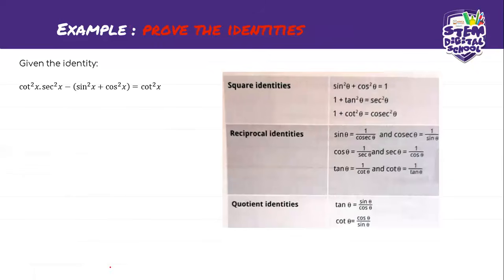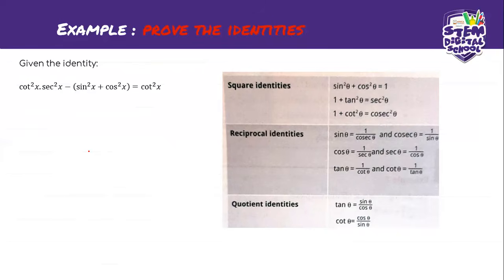Now we have an example where you are going to prove using the identity. We are going to prove the left hand side equals the right hand side, right? Now let us look into this question. Before you start, you have to pick one side that we're going to work with, so that we can make it equal to the other side.